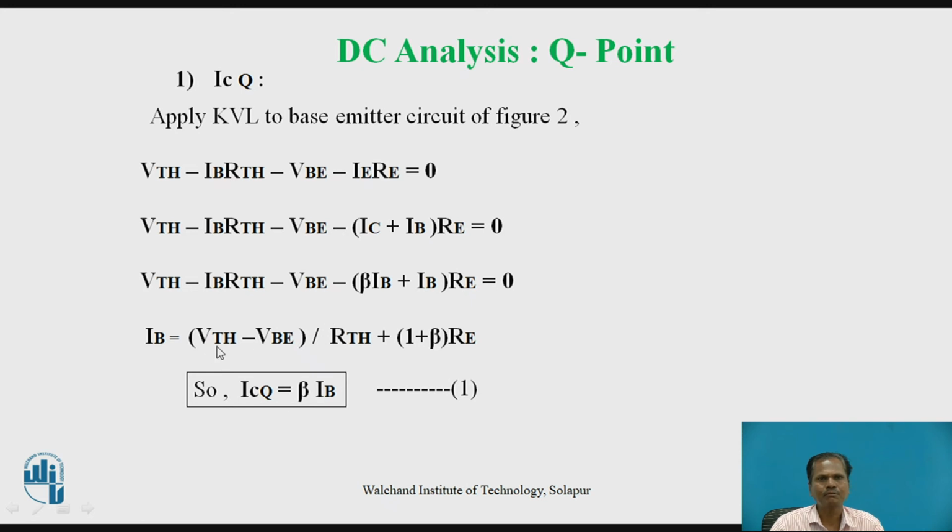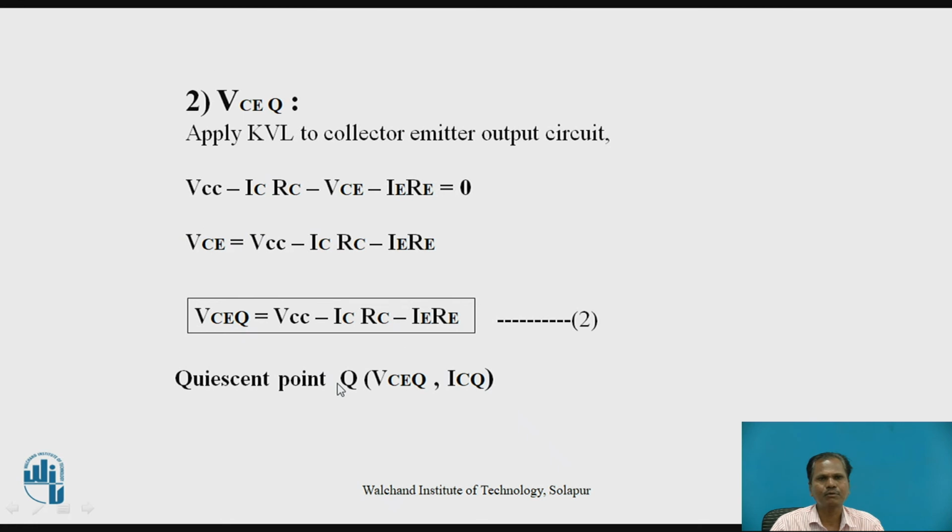IB equals (VTH minus VB) divided by (RTH plus (1 plus beta) into RE). So using this equation, we can calculate the value of input base current IB. IB will decide the DC collector current at the DC operating point or quiescent point, Q point. So the equation for ICQ equals beta into IB, where beta is the current gain of the transistor in a common emitter circuit configuration.